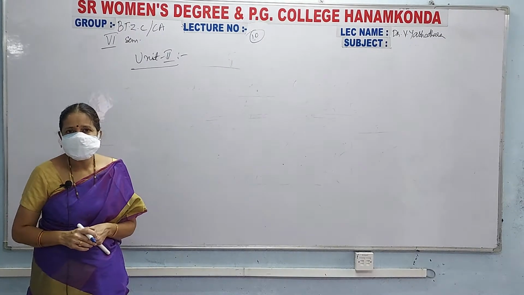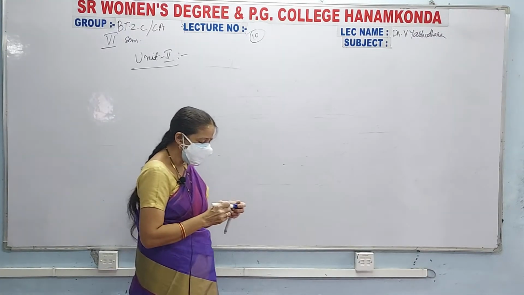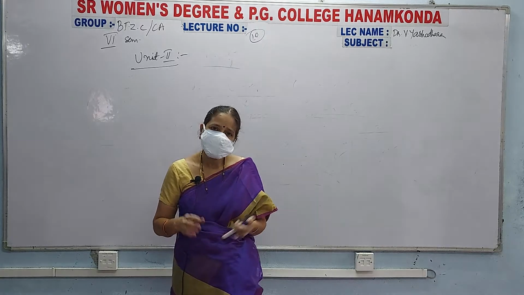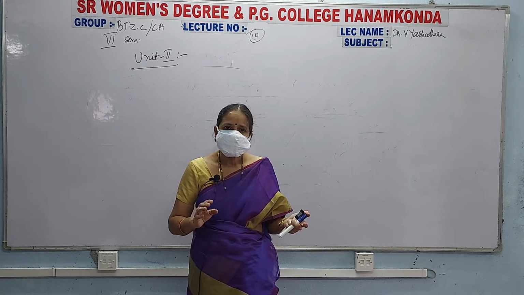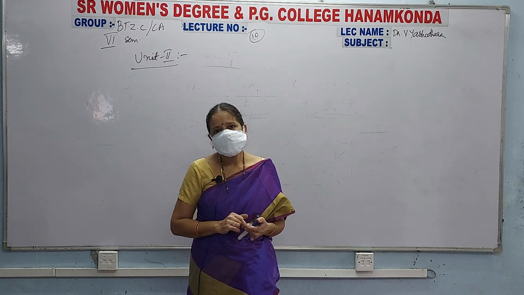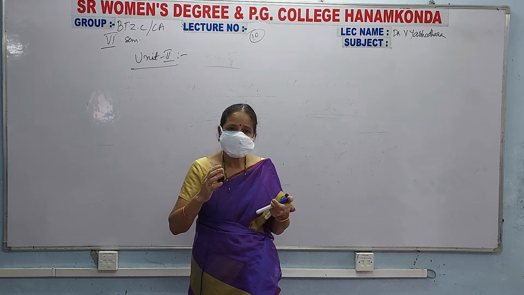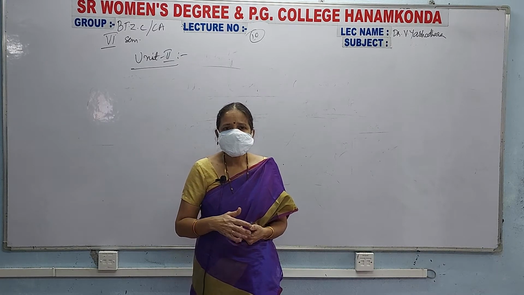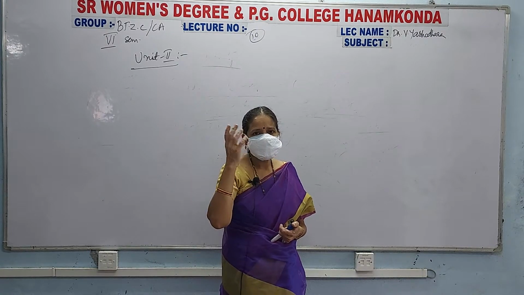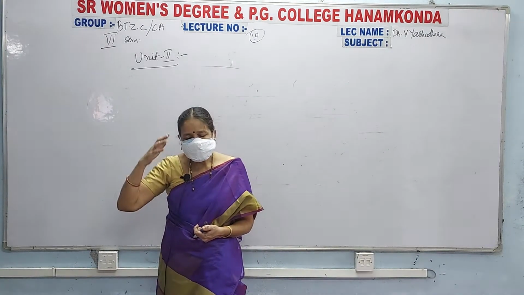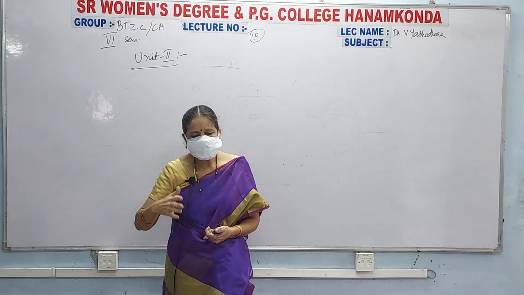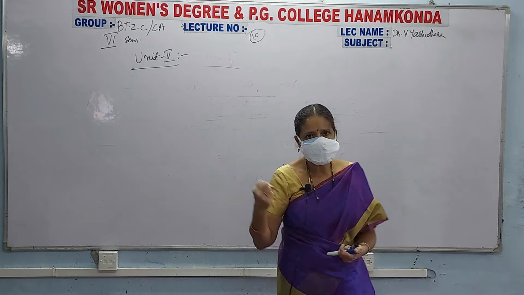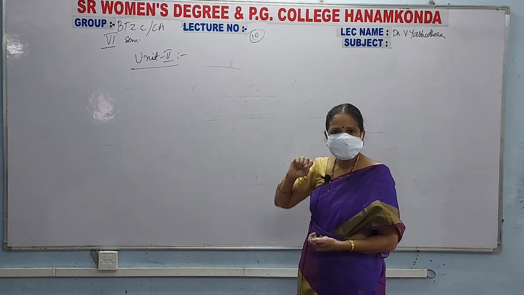What is that unit 2? This unit 2 consists of the fermentation technology, that is how to design a fermenter. Next, what are the types of fermenters, what are the nutrients that are used in a fermenter for the growth of microorganisms. All these, that is the upstream and downstream, up to the harvest of product, how we will be doing, general techniques we will be studying in this unit 2.